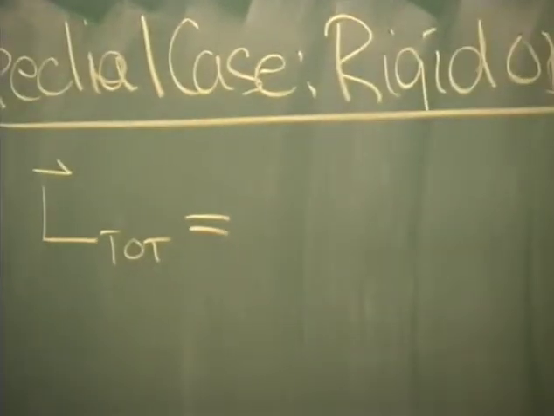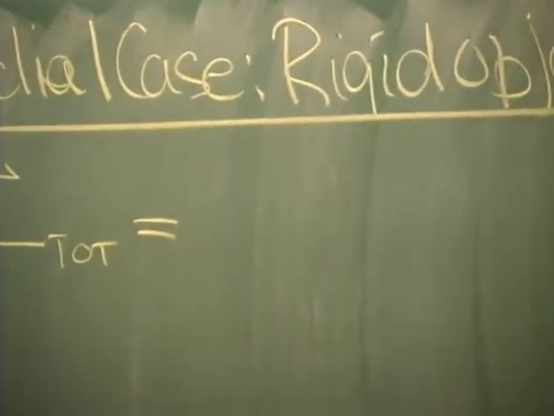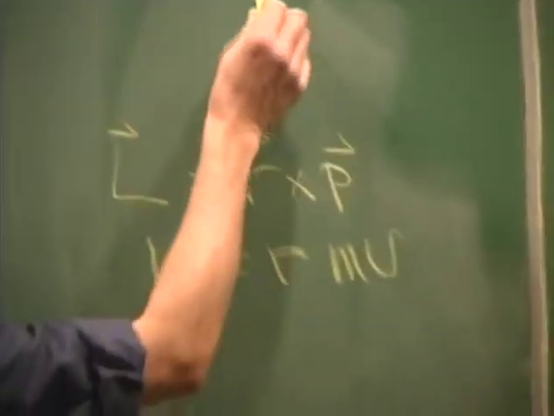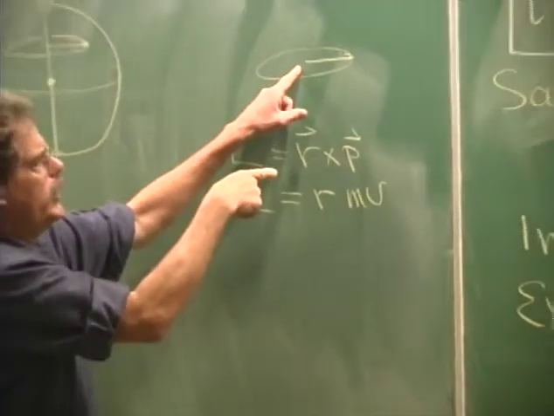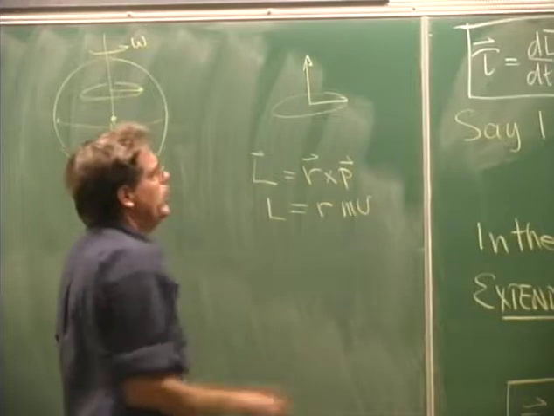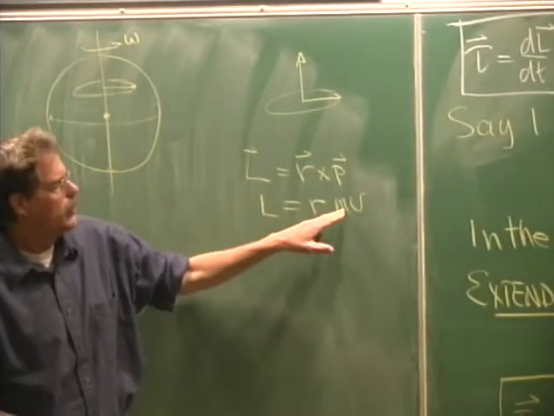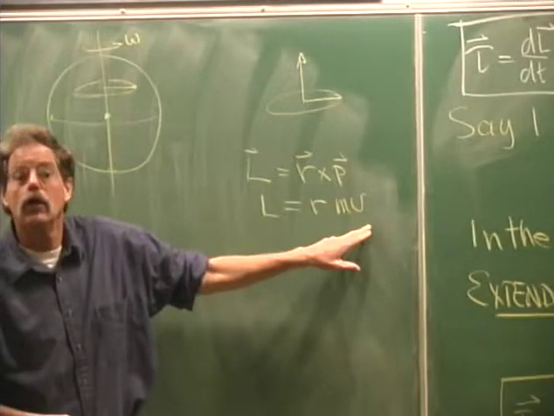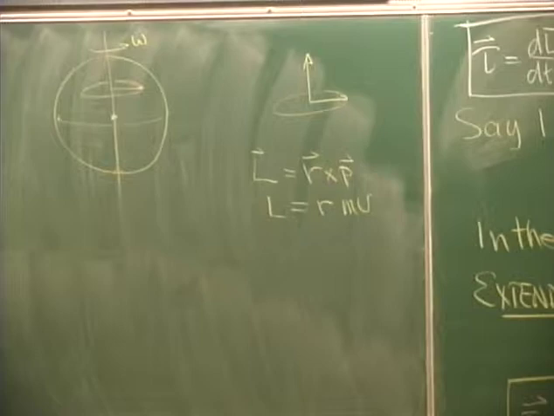You can get it from the general formula. R cross p is r times mv in magnitude, because if it's going around in a circle, r and mv are perpendicular to each other. R cross mv points perpendicular to the circle, and its magnitude is the radius of the circle times the linear momentum of the point at radius r.